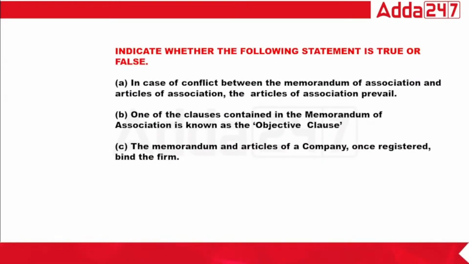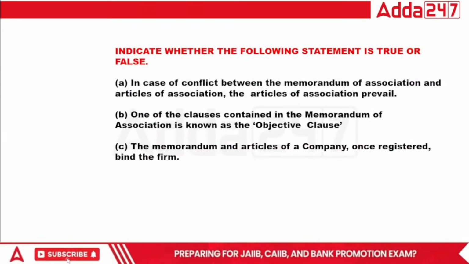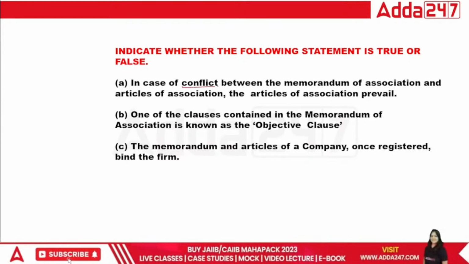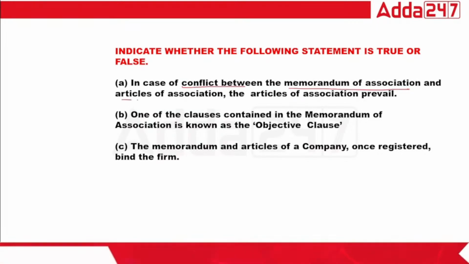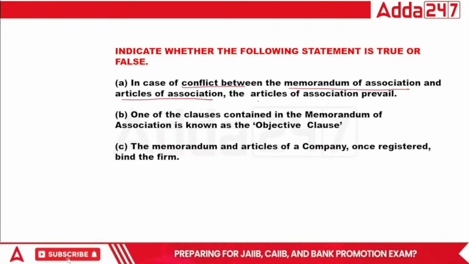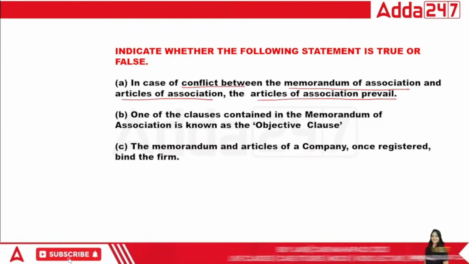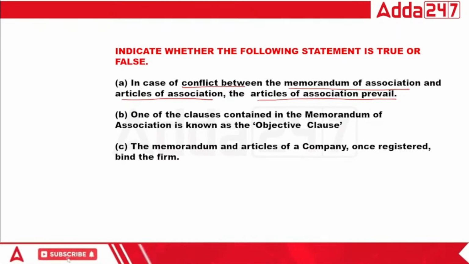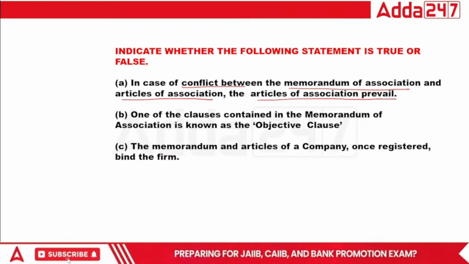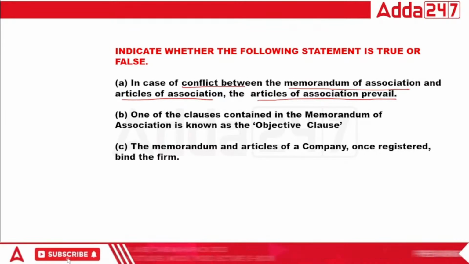Now, you have to tell me the true and false of the following question. See, in the case of conflict between Memorandum of Association and Article of Association clause, the Article of Association will prevail. Say yes or no. For this question, you have to know what is Memorandum of Association and what is Article of Association.